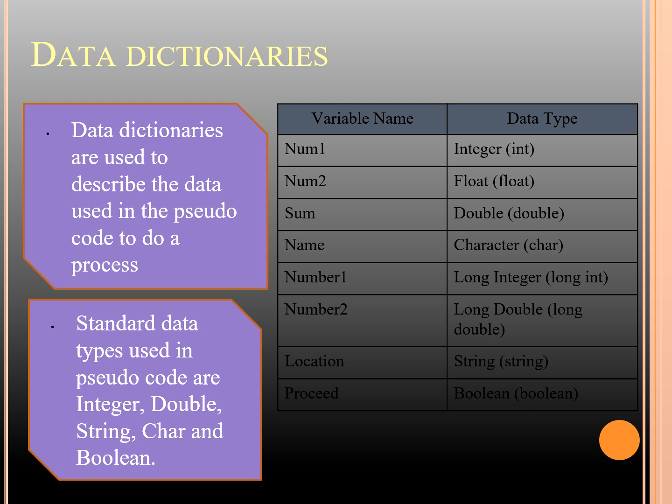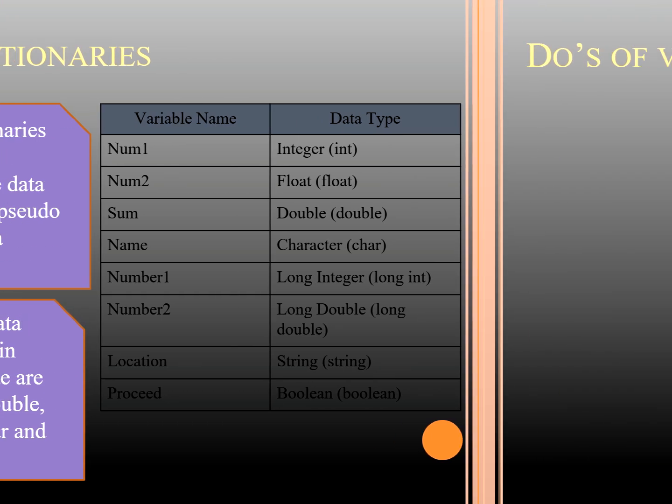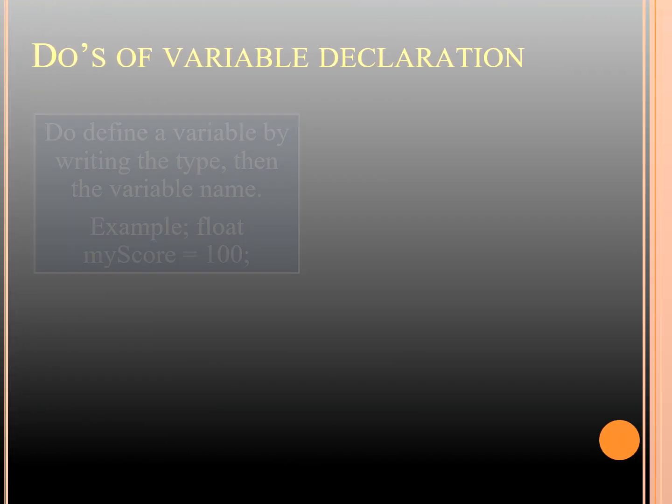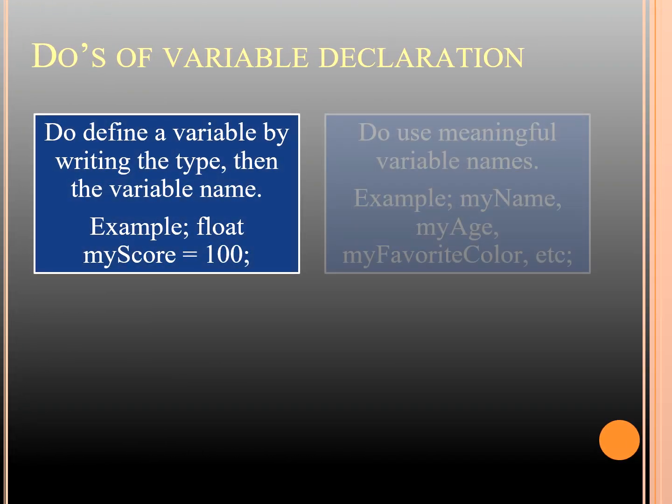For number 1, you can use long integer or long int. For number 2, long double, or for location, you can use string, and for seed, you can use the boolean. So those are variable declarations.